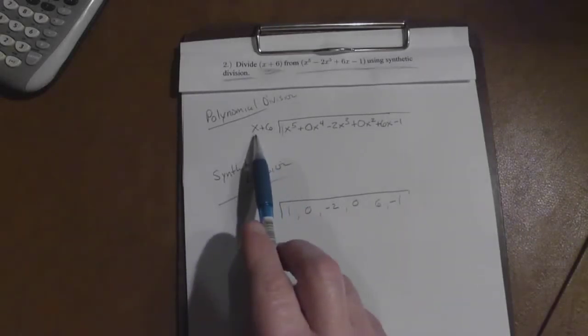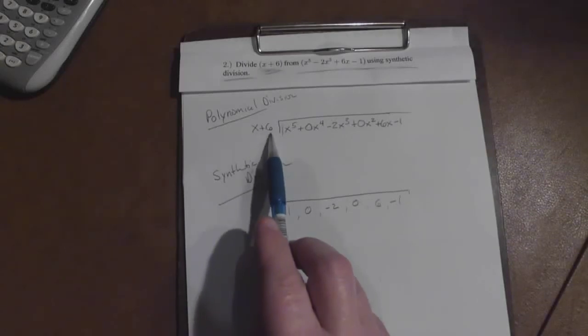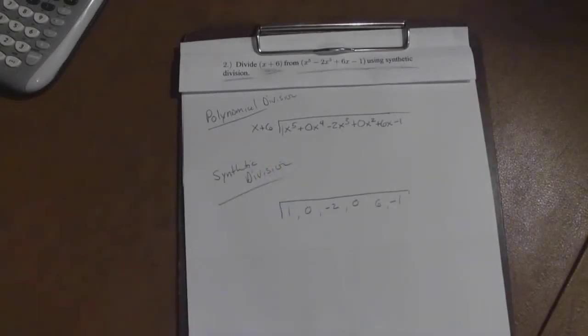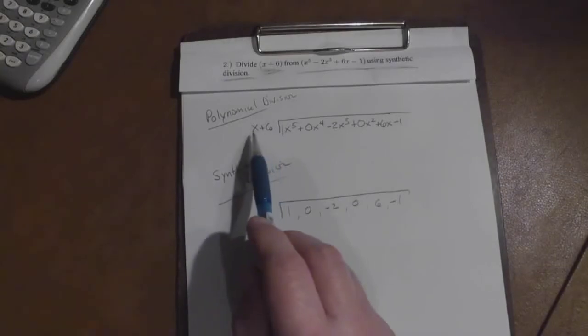Now on the outside in the setup for synthetic division, we're going to have what's going to represent our divisor. And if our divisor's in the linear form x plus 6, we're going to use the opposite of what we're adding to x, right?